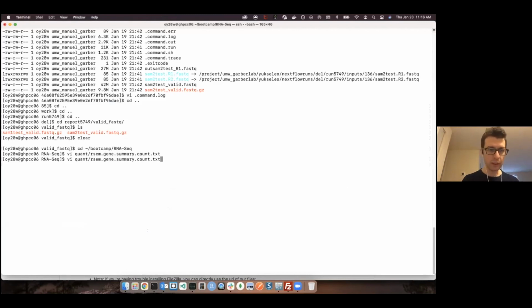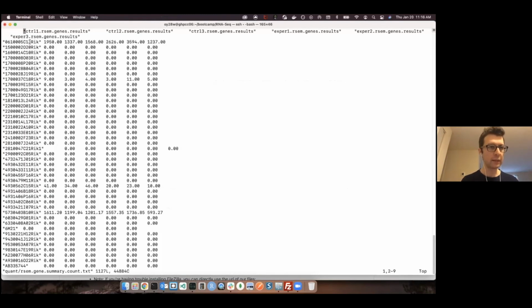So if you look at that file, it's going to look like this. So each file name is at the top as a header, and they are tab separated like this. And for each gene, you can see the count values in this table format.